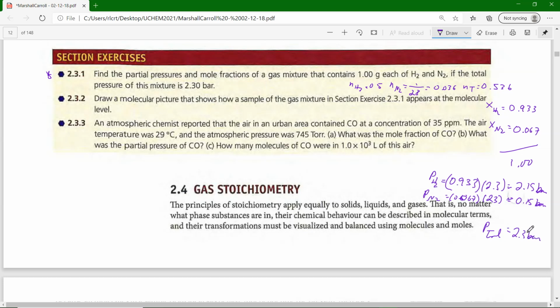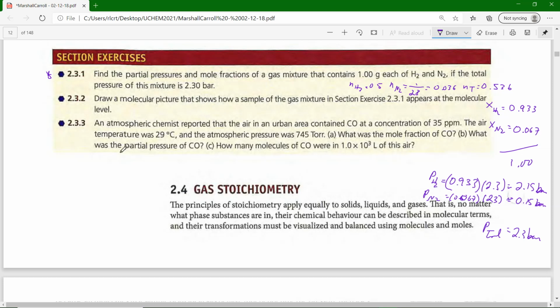Oh, which is what it has to be, right? So if I just go into the section exercise 2.3.1, mole fraction of hydrogen 0.933, nitrogen 0.067, partial pressure of hydrogen 2.15, partial pressure of nitrogen 0.15. It's all good. Hooray.